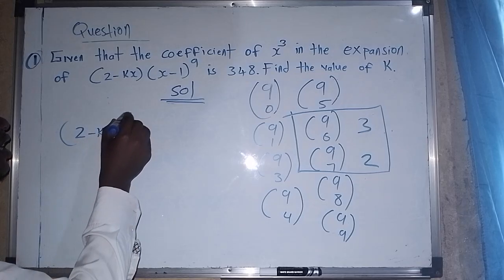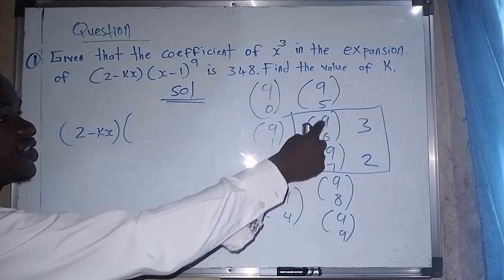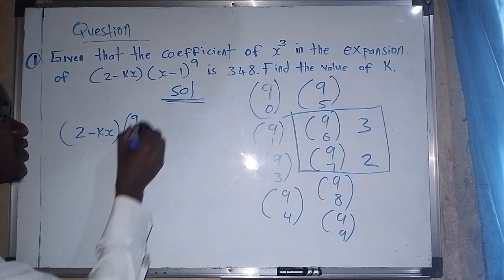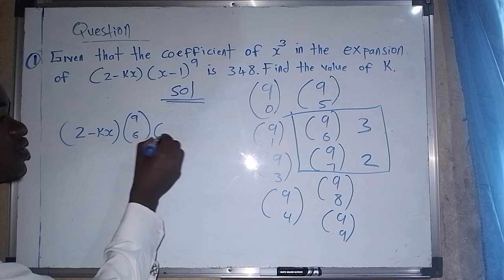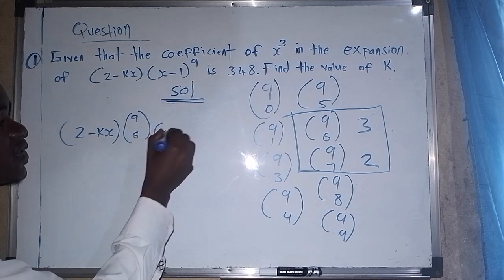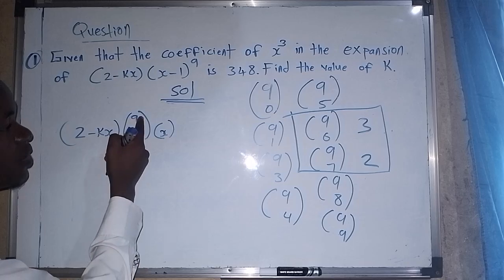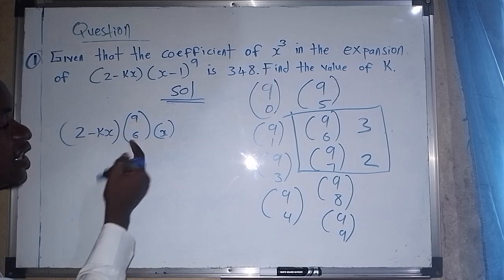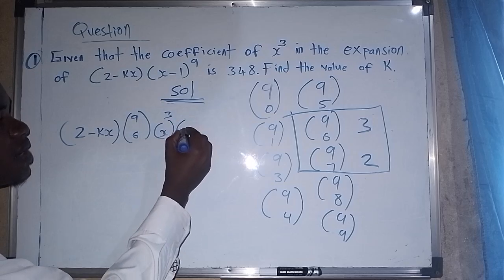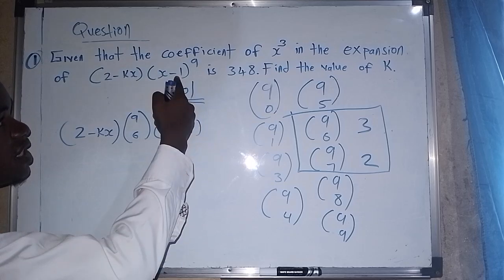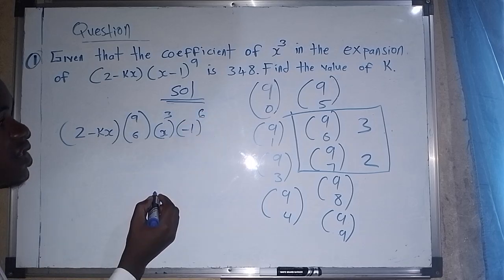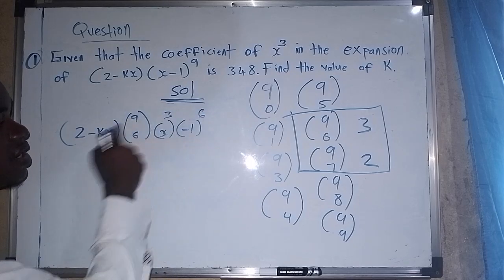Then from there, you get the coefficient, which is 9 combined 6, close the bracket, and get the term x. What is 9 take away 6? 9 take away 6 is 3. Then multiplied by negative 1, the second term in the bracket. Then here 6 will repeat itself, so that when you add 6 plus 3, you get 9.